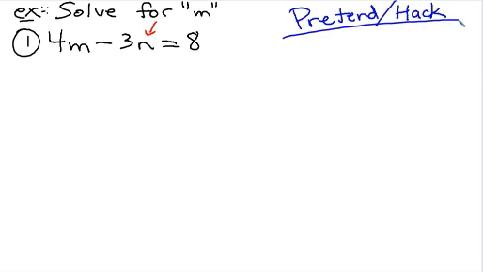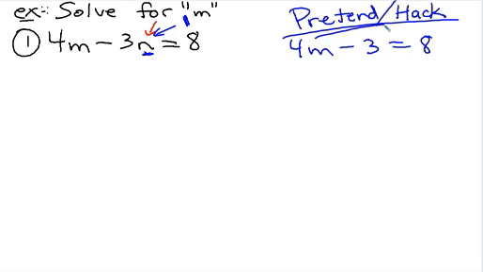Instead of this n, let's just pretend that the n wasn't there, or maybe you put a 1 in for n. Replace the thing that's bugging us with a number. Isn't 3 times 1 equal to 3? So we have 4m minus 3 equals 8.